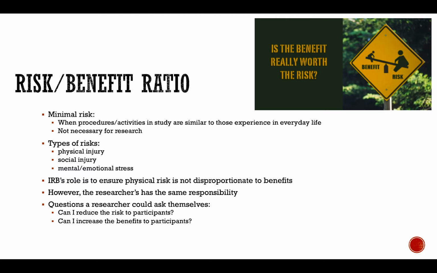However, a researcher has the exact same responsibility. So a question a researcher can ask themselves: is there some way that I can reduce the risk to participants while having the same benefits? Or conversely, can I increase the benefits to participants so that they more fully outweigh the risks?